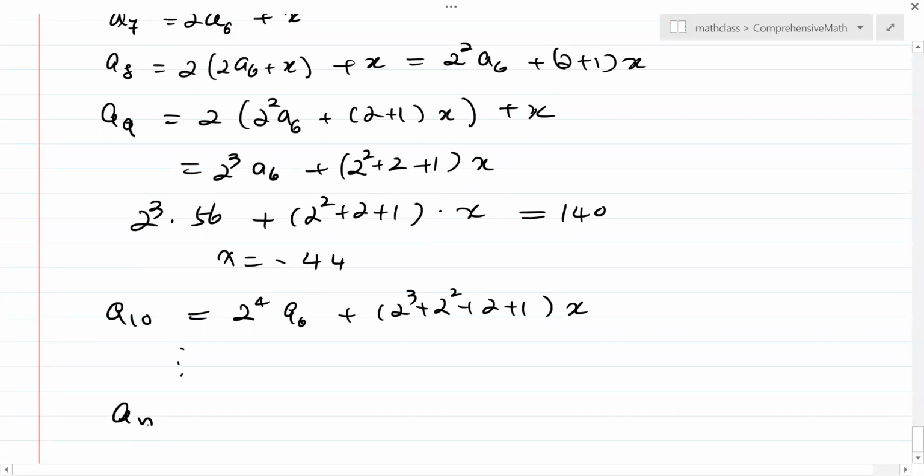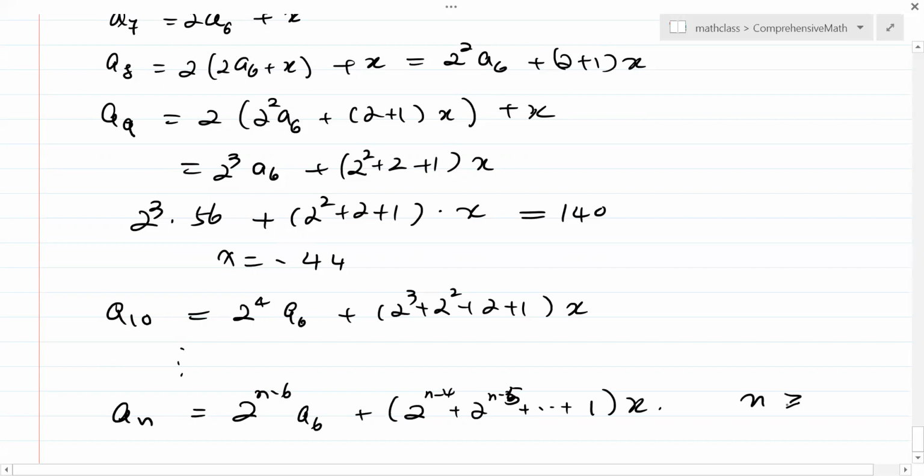So a_n, 10 minus 4 is 6, so n minus 6, is 2 to the n minus 6 times A6, and here 2 to the n minus 4. Here n must be greater than or equal to 7, because otherwise this is not true.